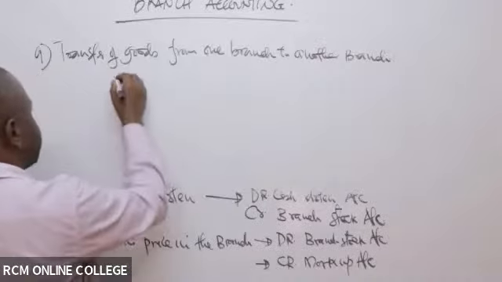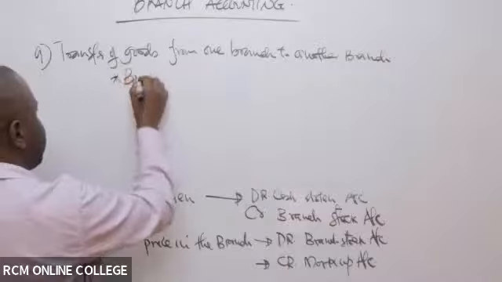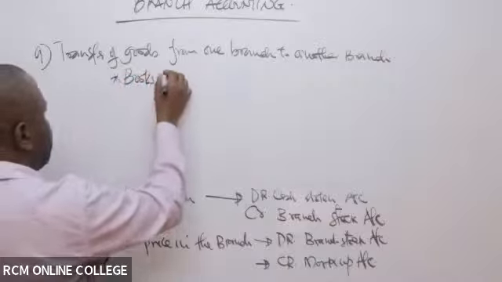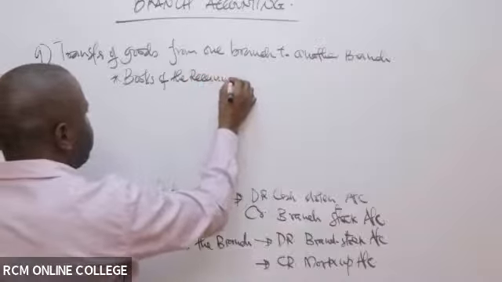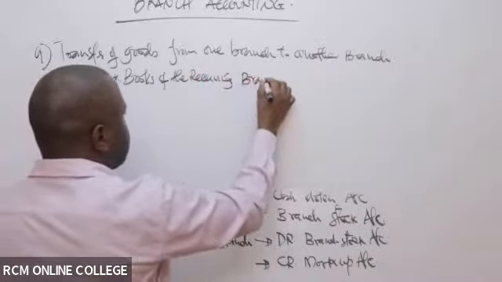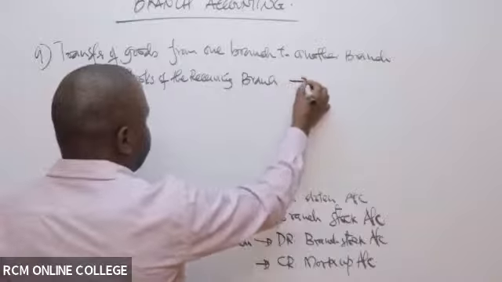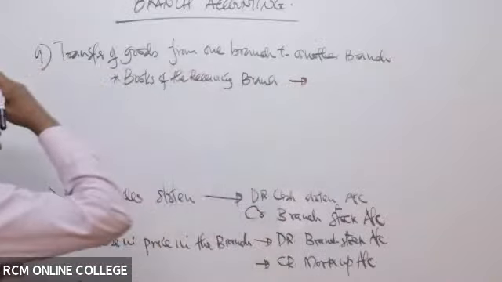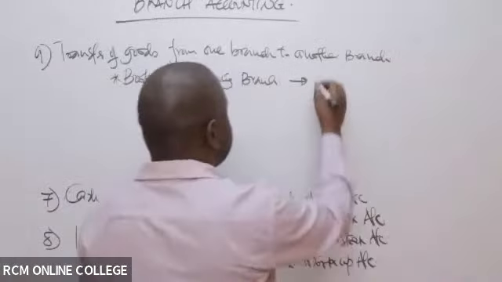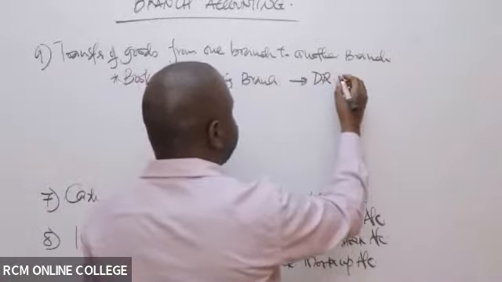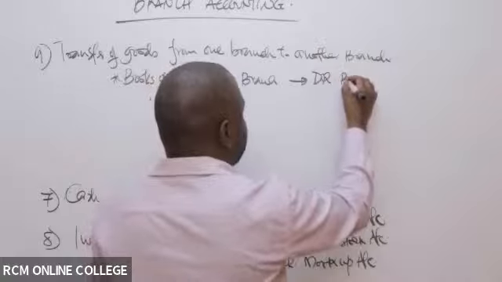So in the books of the receiving branch, what will you do? The branch that is receiving these goods, you'll debit the branch stock account, or inventory account, because the inventory of this branch will be increasing.